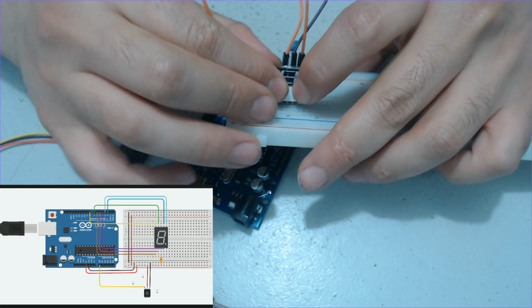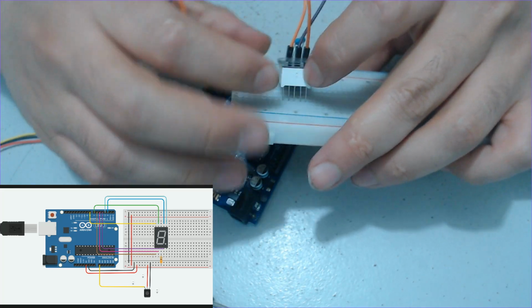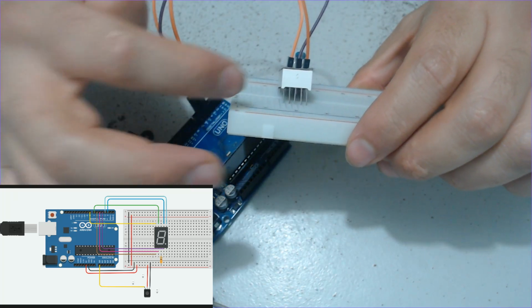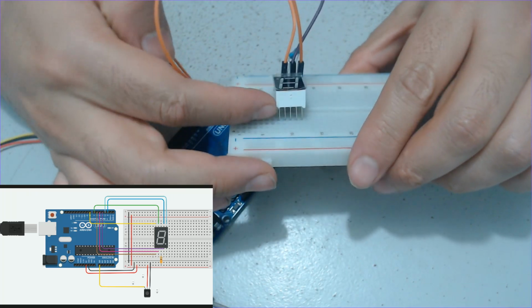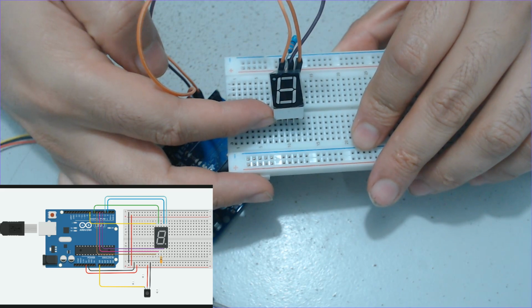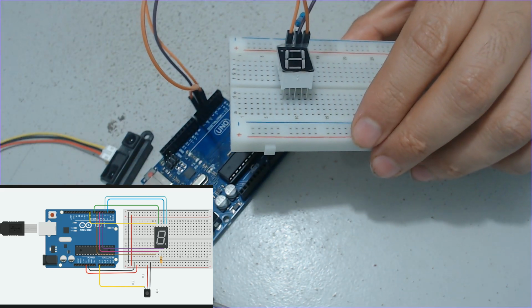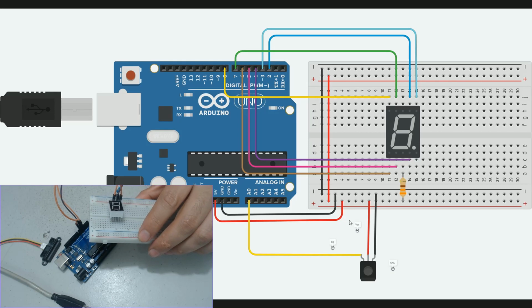So I'm going to take this out just to show you the connections, and the next one is this. Look up in the dot, we go back to my circuit, and up the dot, this one should be connected to port number 3, and the next one to port number 2.